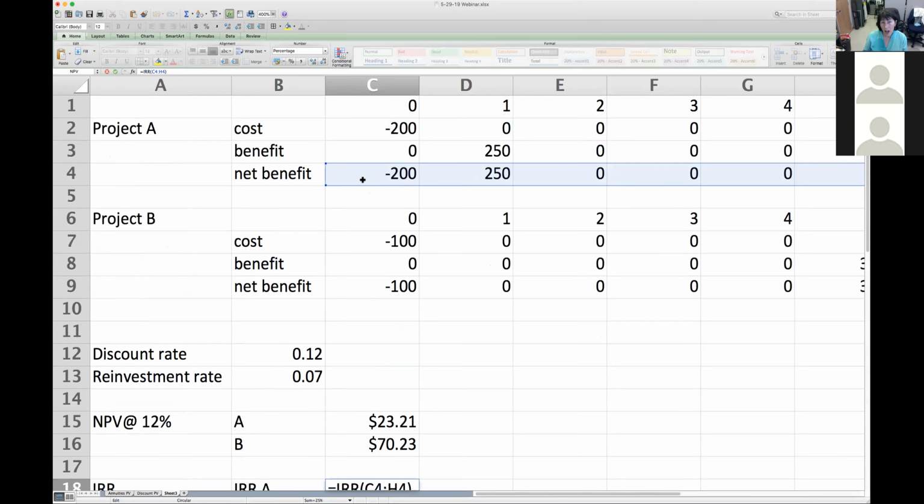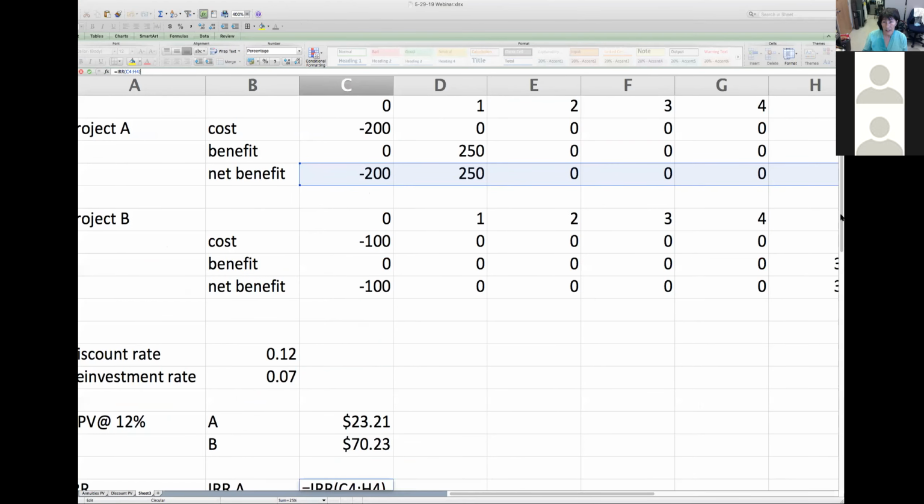So all you do is highlight the whole row, but you've got to have zeros in here. If you don't get a return, you've got to have zeros, because if you didn't put anything there for years 2, 3, and 4, you would come up with a much different number. Actually not on this one because it's after the 250, but down here you will come up with a different number if you don't include those, because it'll think it's just 1 year.